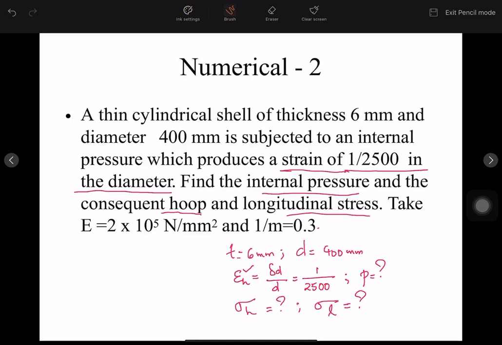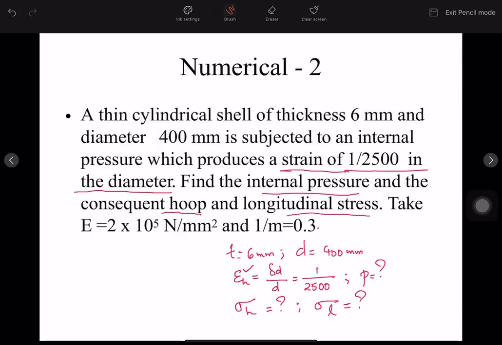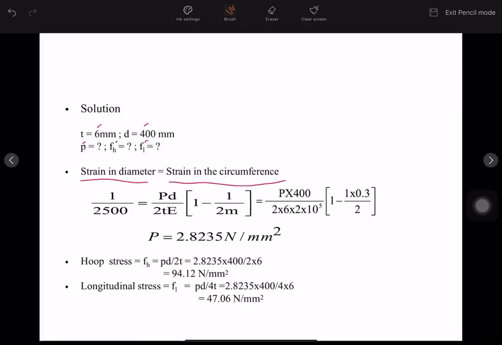Right. So T and D are given, and we need to find P, FH and FL. Strain in diameter is equal to strain in circumference, as I already mentioned here.